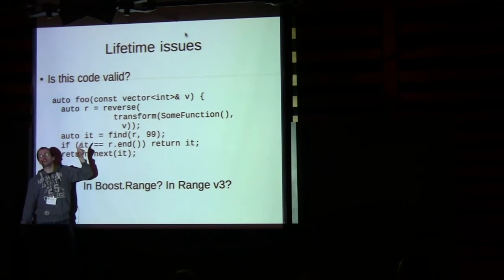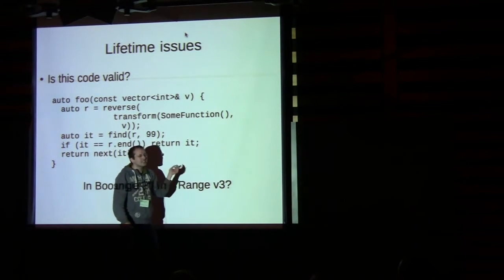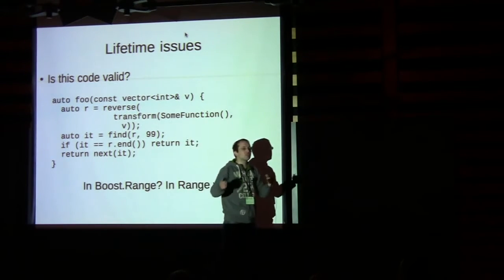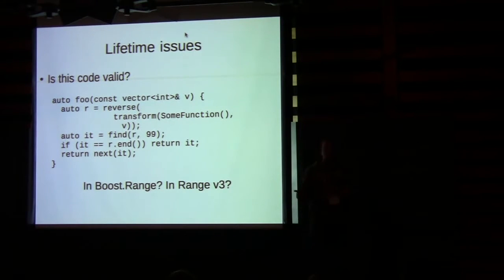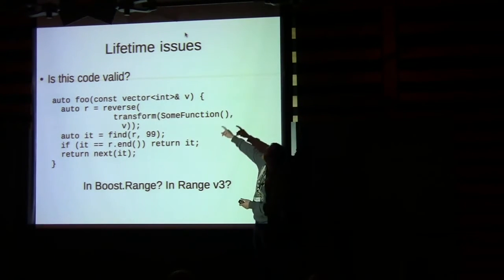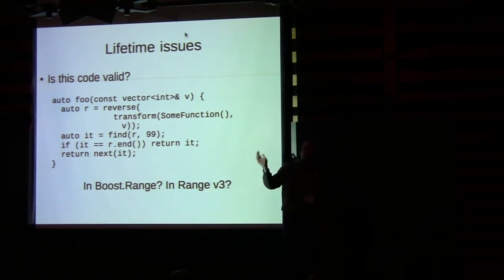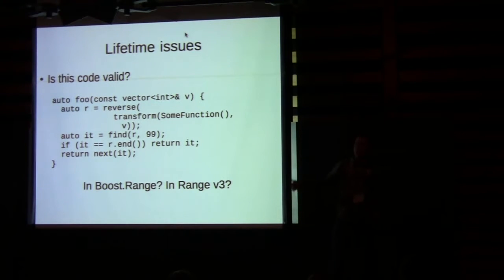Reverse takes those transform iterators and creates reverse iterators and stores those. And the iterators are held by value. So yes, it's safe. Happens to be. I wouldn't rely on it. And then when you return those iterators, well, they're returned by value and they just reference that vector and that was passed in by reference. So it will probably live outside unless you pass the temporary vector to the function, which is your own fault. This function as it is is safe in Boost Range. You just shouldn't rely on it.